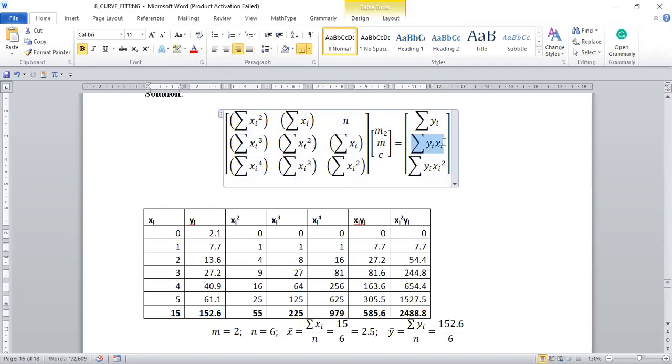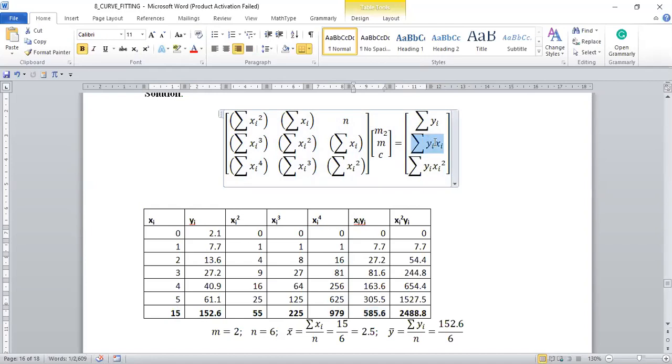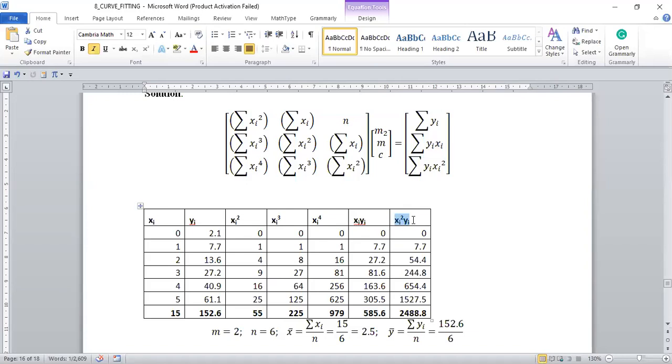Then we need the summation of x multiplied by y. So this is the column. Multiply x by y, then sum all of this to get this value. Then we need the summation of y multiplied by x squared.